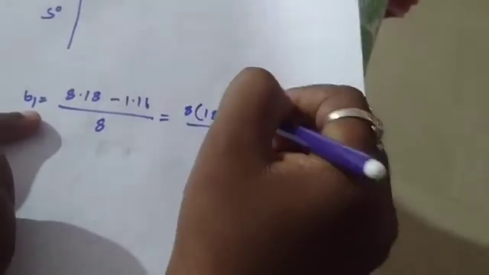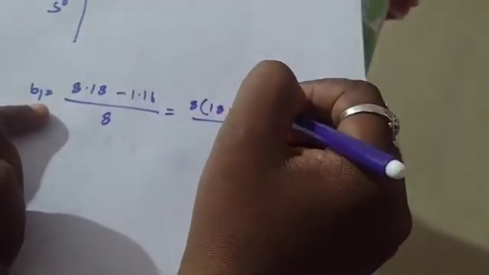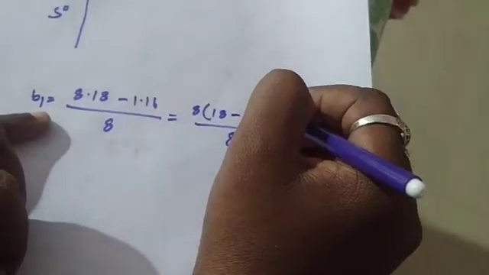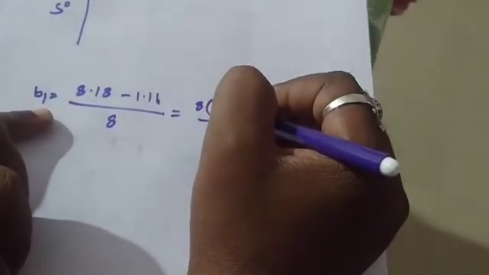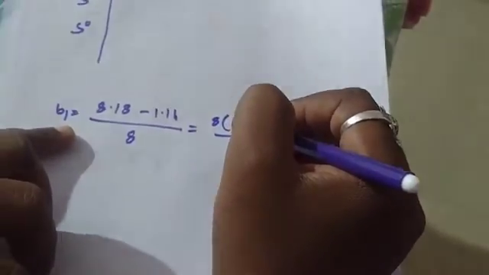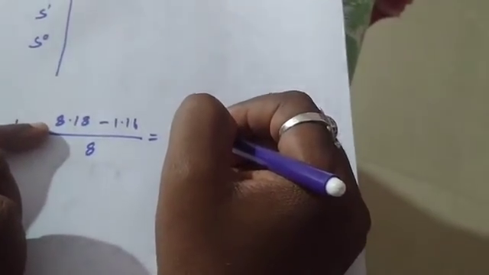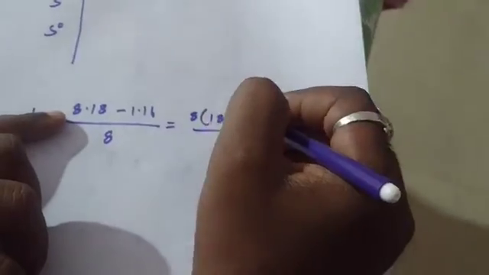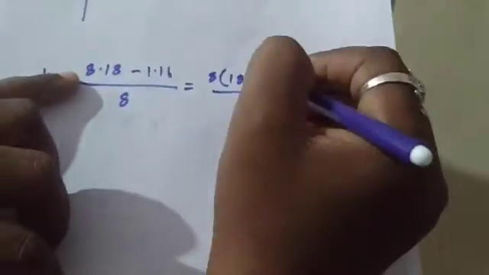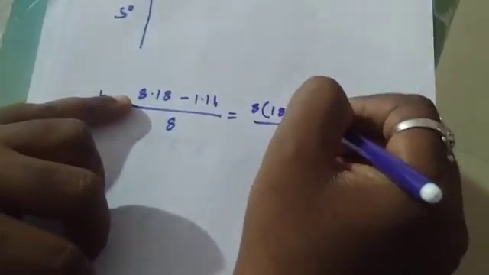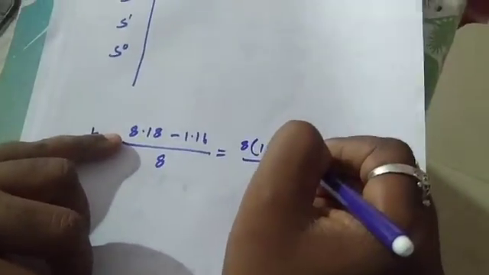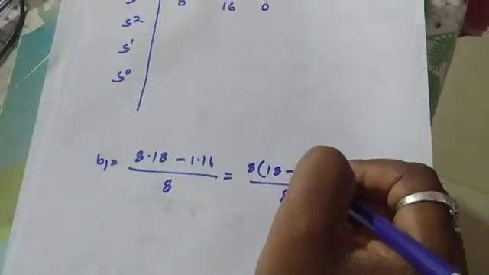8 you have taken outside, so 8 into 18 minus 16 is remaining.